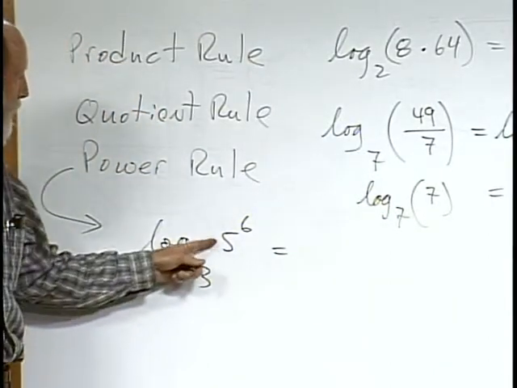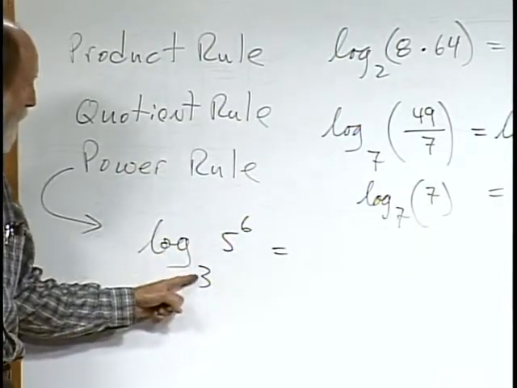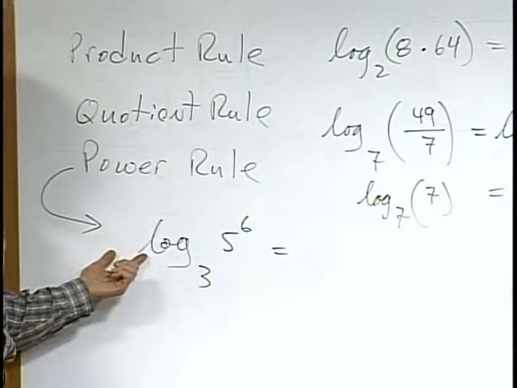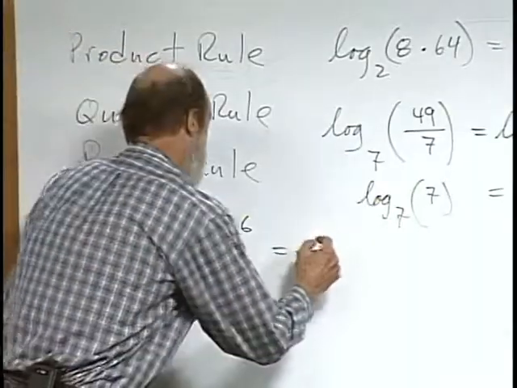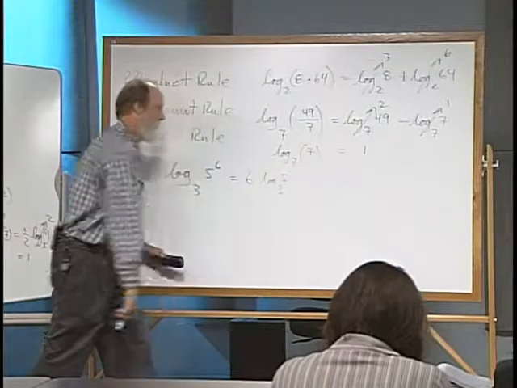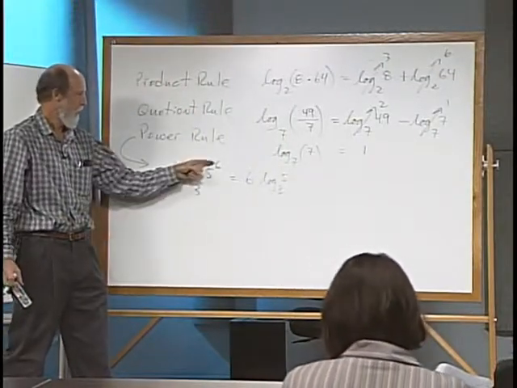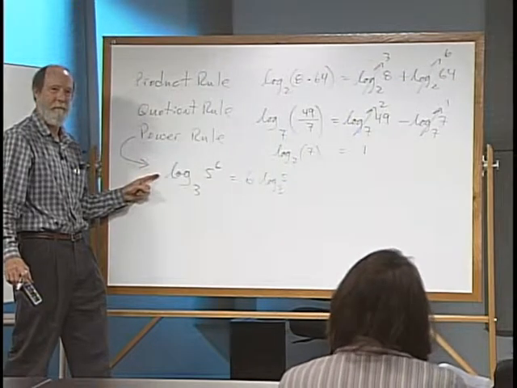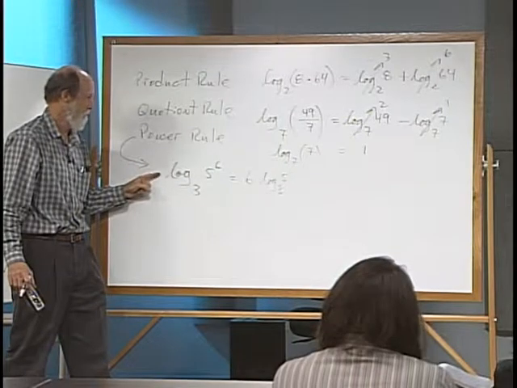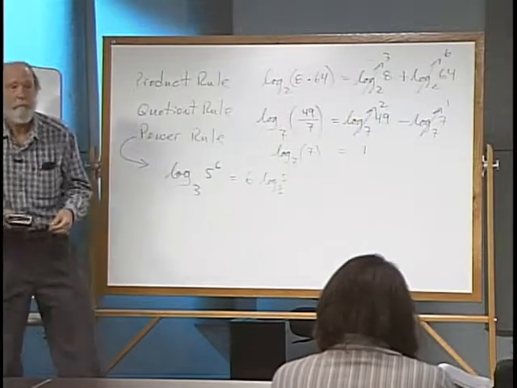Log base 3 of 5 to the 6th. They call it the power rule. If you're taking the logarithm of something that has an exponent, the exponent pops out in front of the logarithm. This is 6 times the log base 3 of 5. The exponent comes out in front of the logarithm. Examples of the 3 rules.